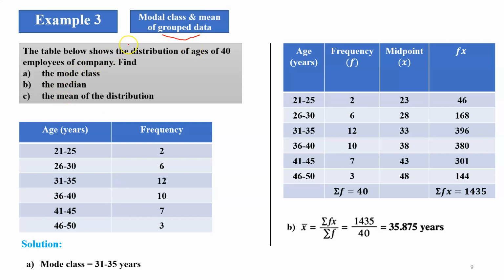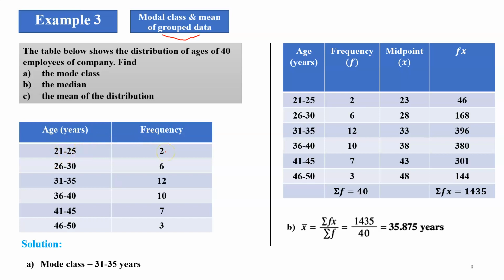The table below shows the distribution of ages for 40 employees of a company. You need to find the mode, median, and the mean. Okay, dia kata dekat sini, table ni tunjuk umur untuk 40 orang pekerja in a company, dalam satu syarikat. So the age will be from 21 until 25.